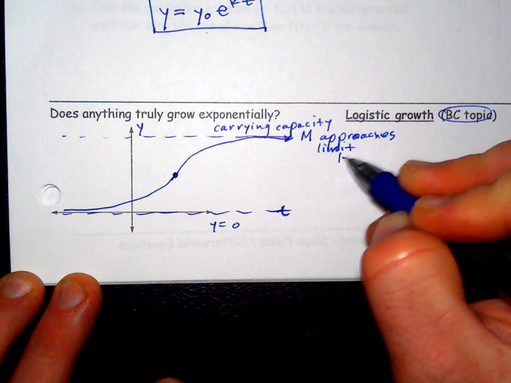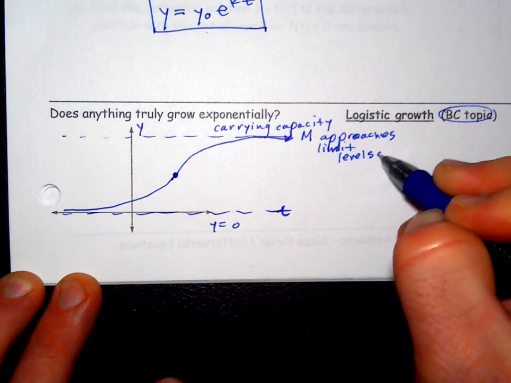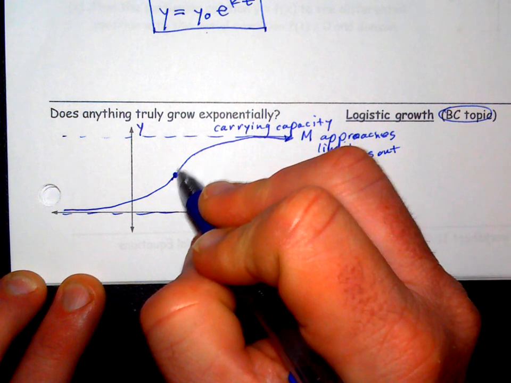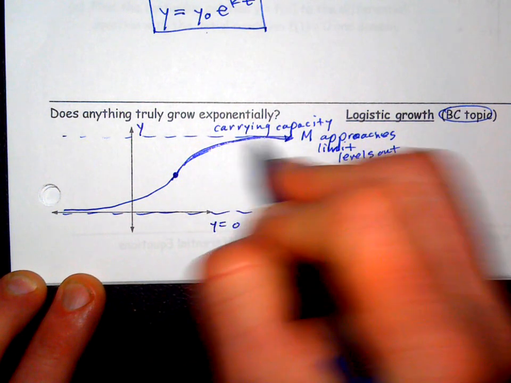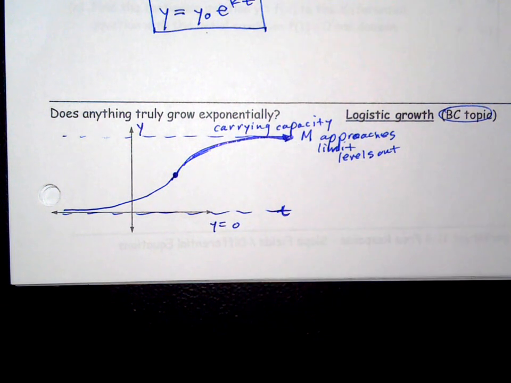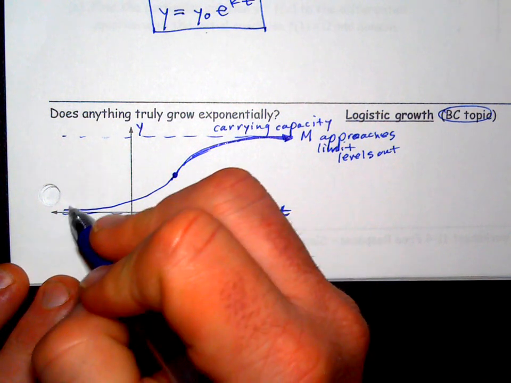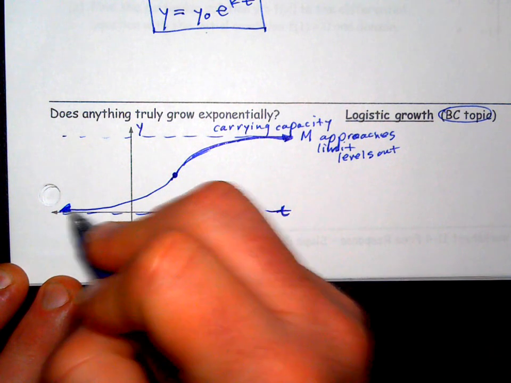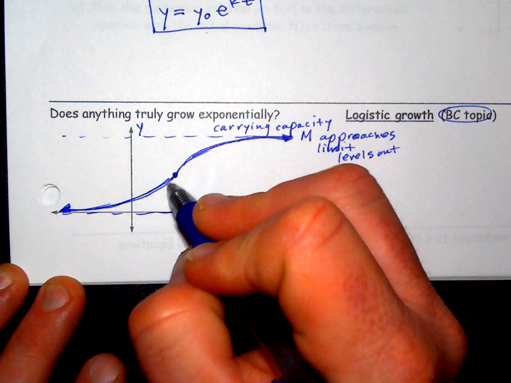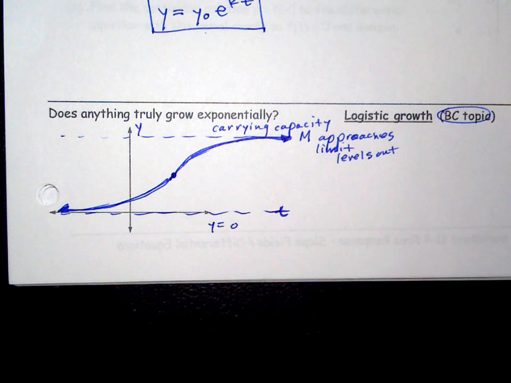It levels out. Now, it technically keeps going up, but the growth approaches zero growth. In the coronavirus idea, that would be 100% of the population, or 100% of a region, gets the coronavirus. Well, it can't spread to anyone else.